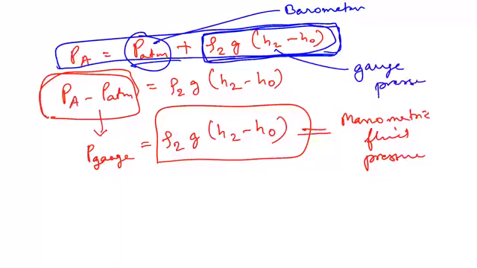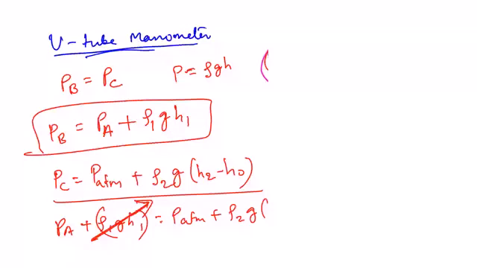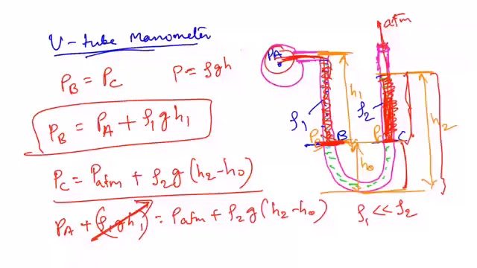When we find both, we can find PA. Actually, we have to find this PA. So I can write PA will be P atmosphere plus gauge pressure. So we can find the pressure at A inside this.